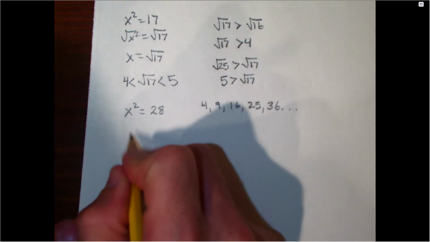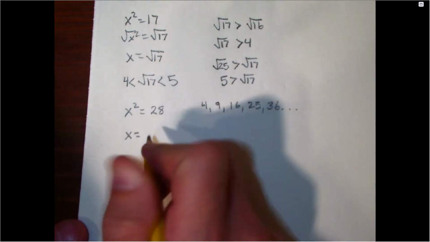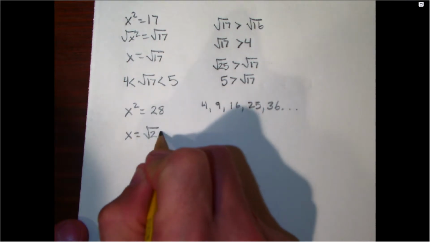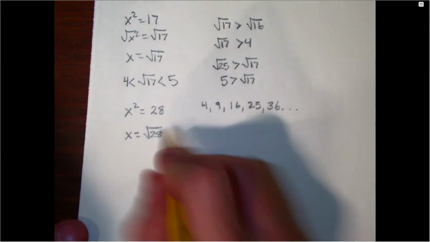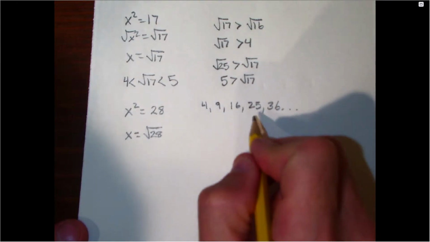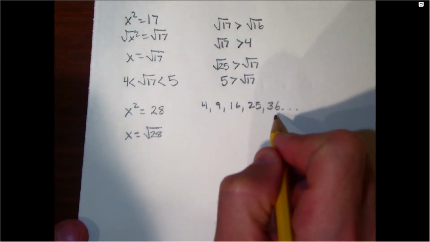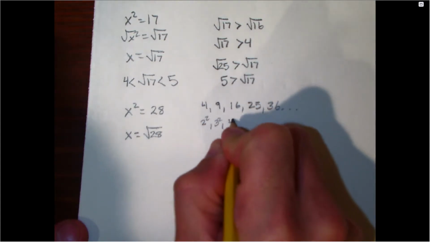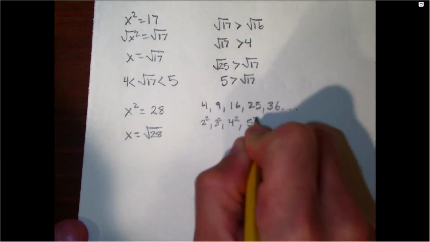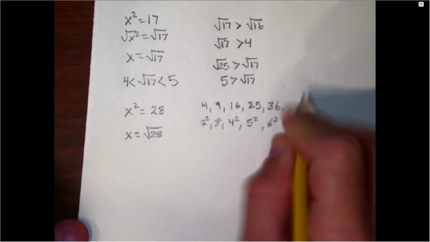So this answer, x, is going to be the square root of 28, because we're going to take the square root of both sides. And this answer is going to be somewhere between 5 and 6, because 2 squared would be 4, 3 squared would be 9, 4 squared would be 16, 5 squared would be 25, and 6 squared would be 36.